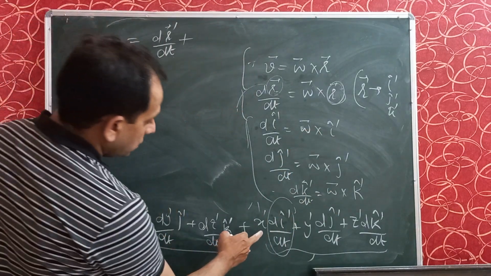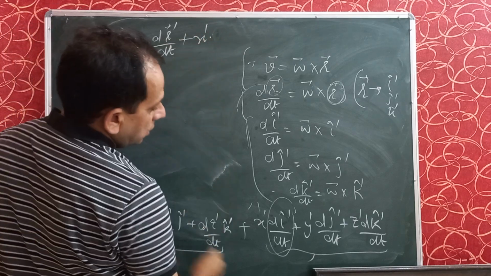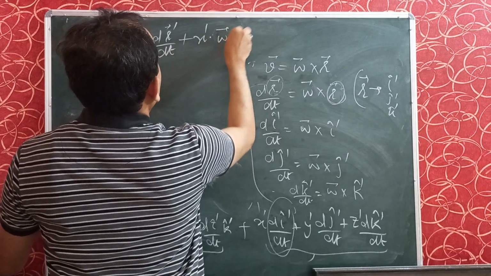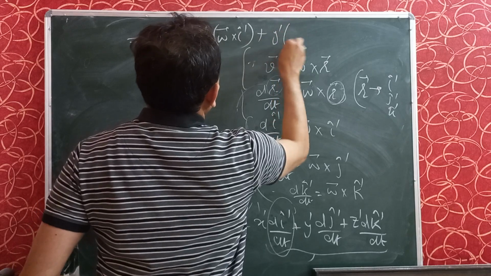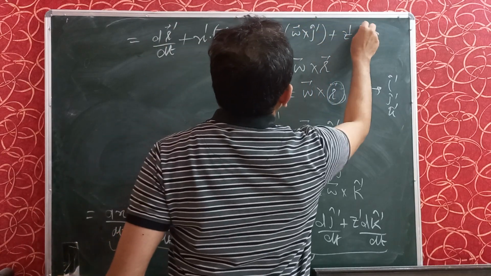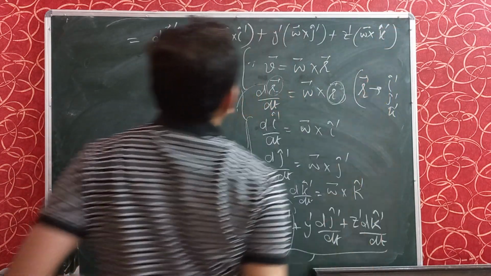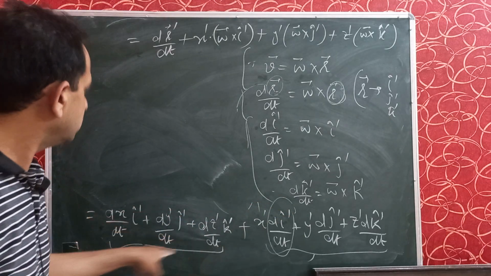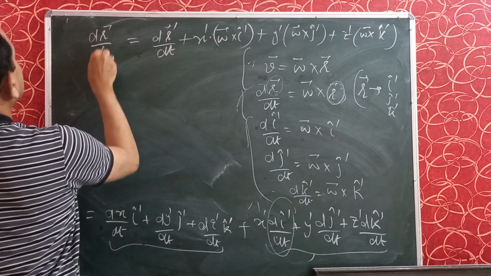So we will put x dash into di dash upon dt, that is omega cross i dash, plus y dash into omega cross j dash plus z dash into omega cross k dash. So in this way, these three values together give dr dash upon dt, and on the left hand side it is dr upon dt.